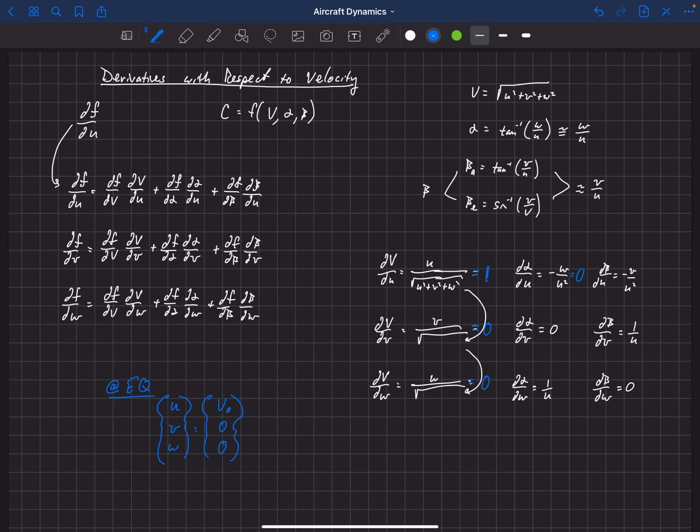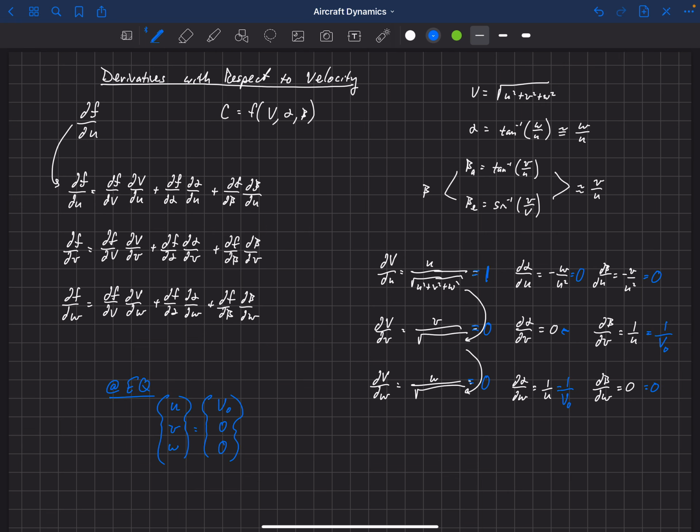This next one is equal to 0 because w is 0. This guy's already 0. And then we have 1 over u, which is equal to 1 over capital V naught, our equilibrium velocity. And then up here, this guy's going to be 0 because little v is 0. This is equal to 1 over V naught. And this guy is 0 as well, okay?